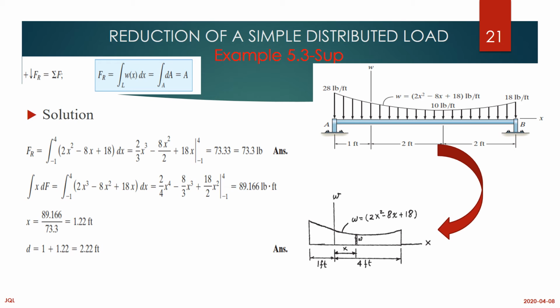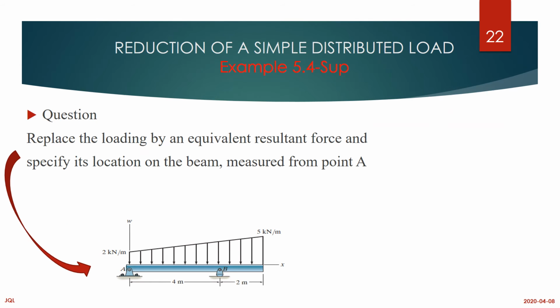Then to find the position where your resultant force is, take note that here you use the -1. So your 0 starts from where W is. So where your 1.22 is, it starts from where your W is. In this case, it is 2.22, which happens to be where that force was applied.